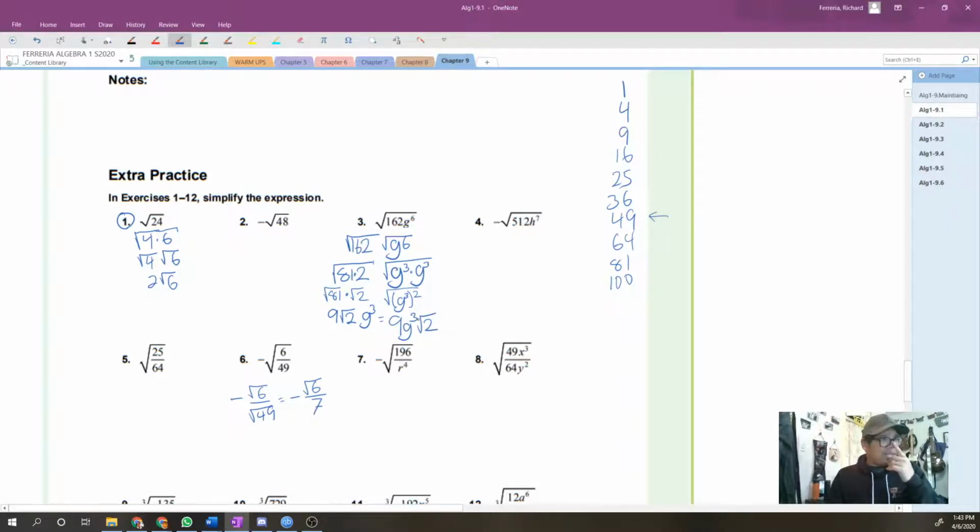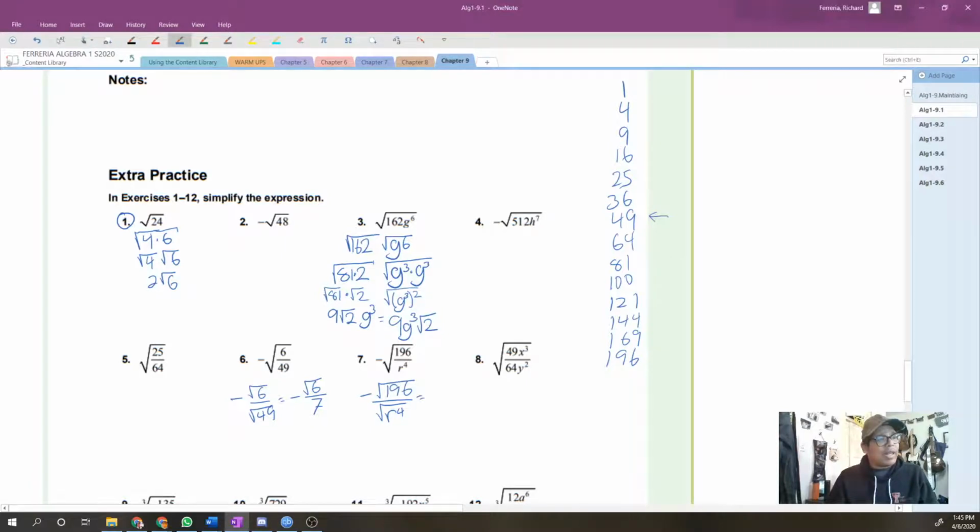Let's do 7. Like we said before, you can break up the numerator and denominator. 196 over the square root of r to the 4th power. For this one, I've got to extend my chart because 196 is the same thing as 14 times 14.